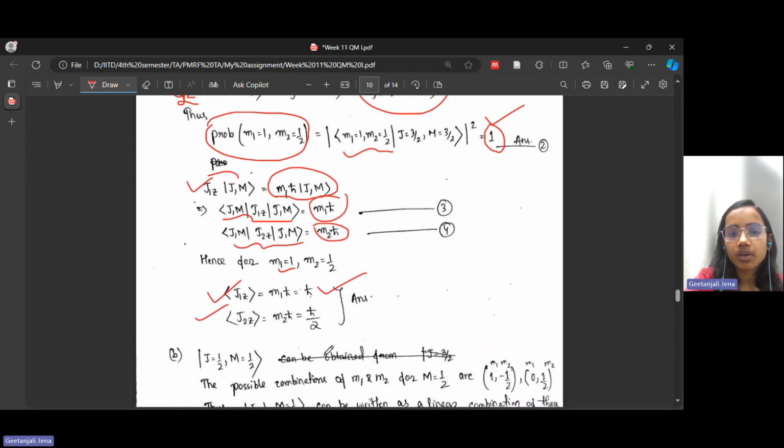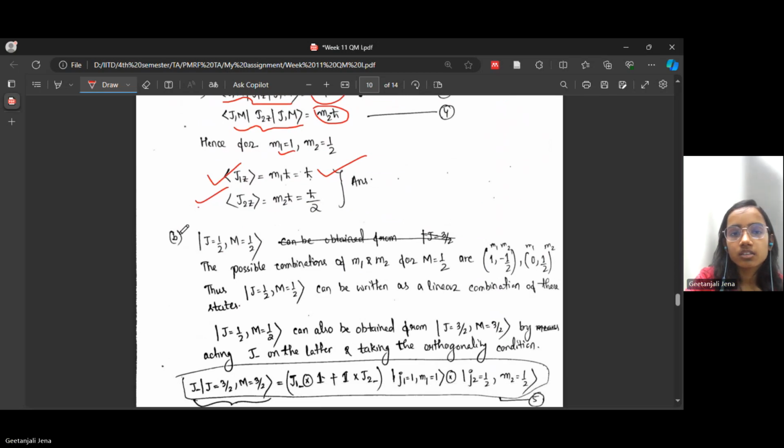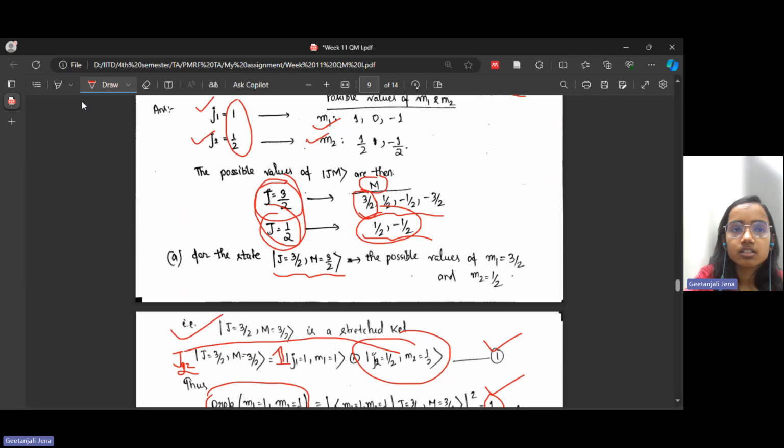Now for the second part, the B part, J is different. J is half and M is half. So we have a different state, which is not a stretched state.